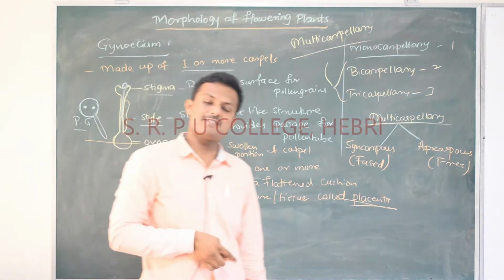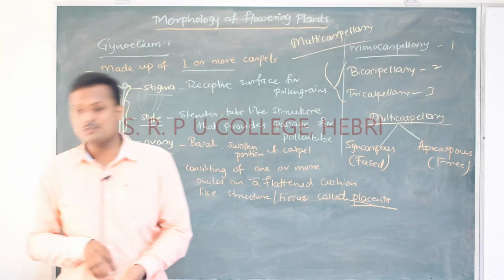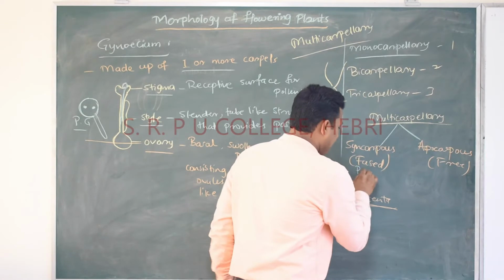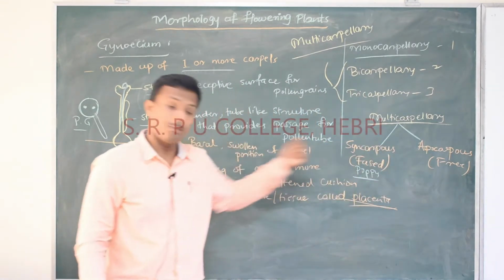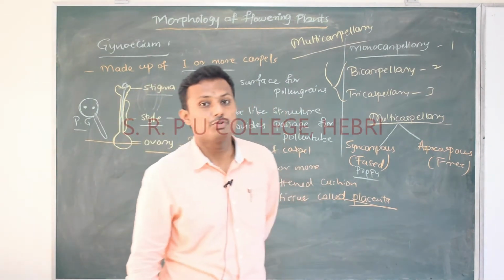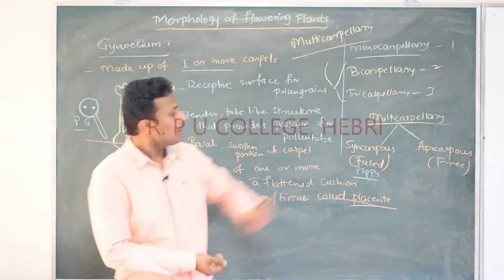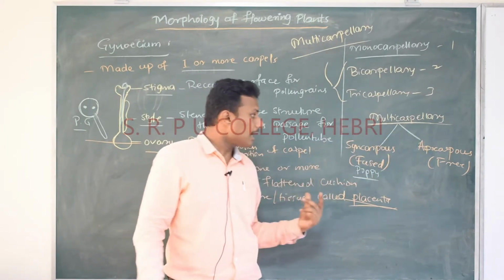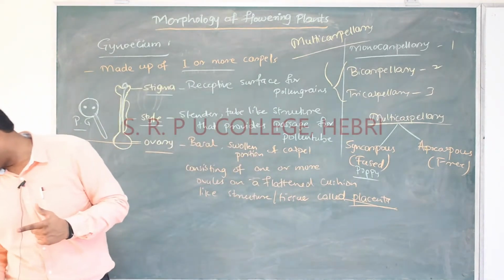Different examples we can give here. For syncarpous, you can give the example of poppy, Papaver somniferum. There is no need to remember it because it is not mentioned in the textbook. Poppy is gasagase in Kannada. For apocarpous, you can remember the example of citrus or mango. Any other example you can remember. So when multicarpellary, it can be fused or it can be free, called syncarpous or apocarpous.